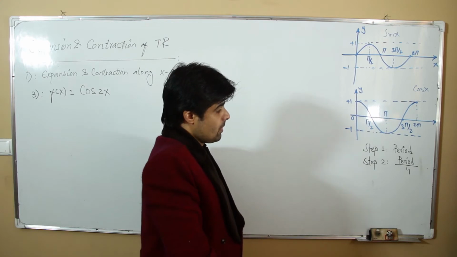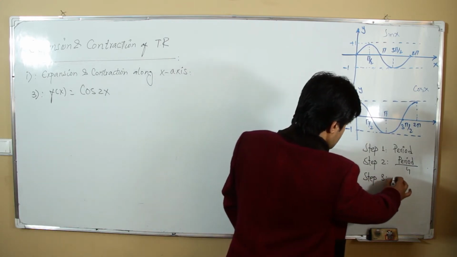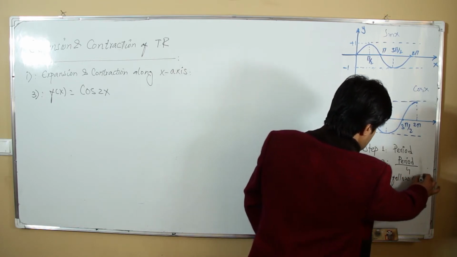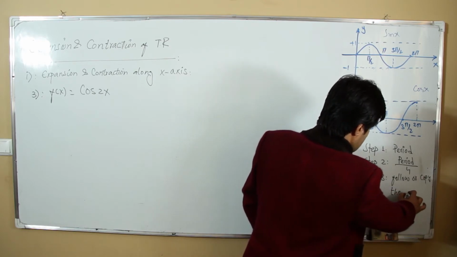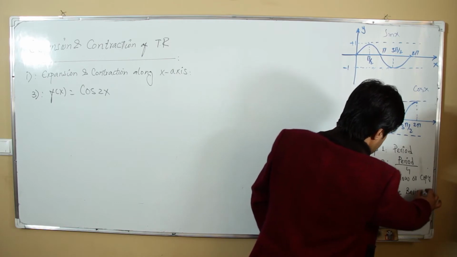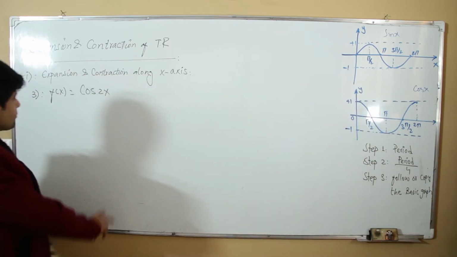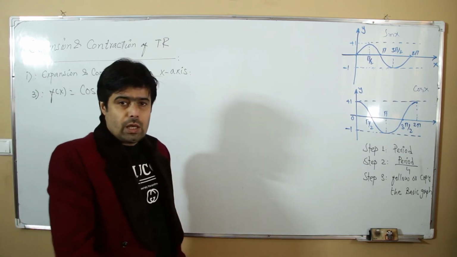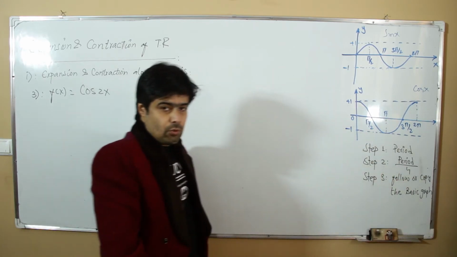Then step number 3, you have to follow or copy the basic graph. What do you mean? If it is cosine 2x, you have to follow or copy the cosine x in which period? In this period, in your new period.